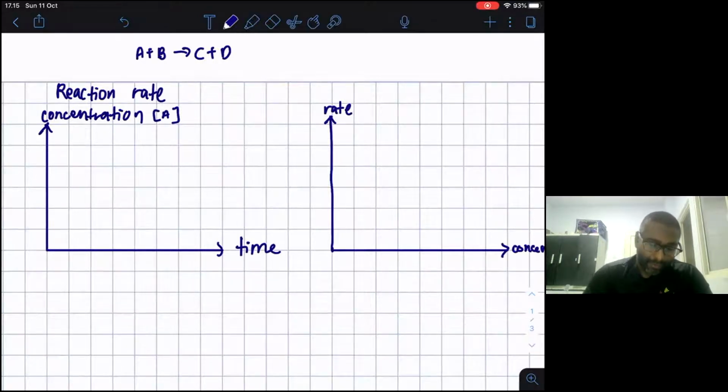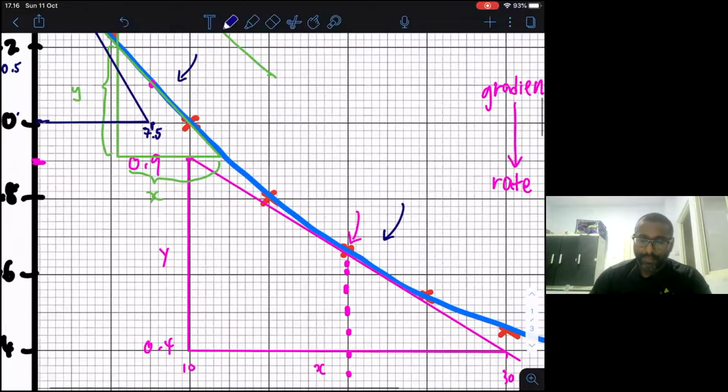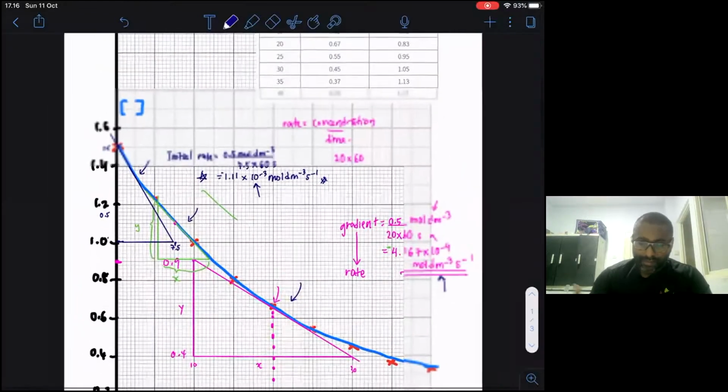One of them is that it can decrease using a curve, like what we observe in this particular graph. So you can see it is a curve.